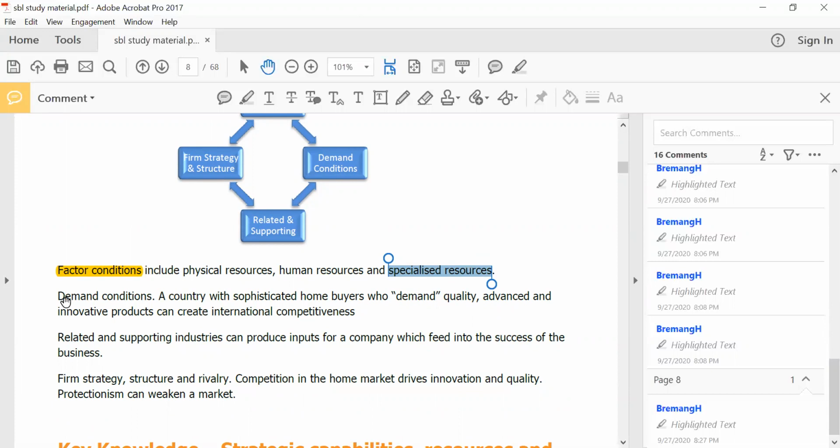The next one is what you call demand conditions. A country with sophisticated home buyers who demand quality, advanced, and innovative products can create international competitiveness. So if I want to get a competitive advantage, I can also look at demand.